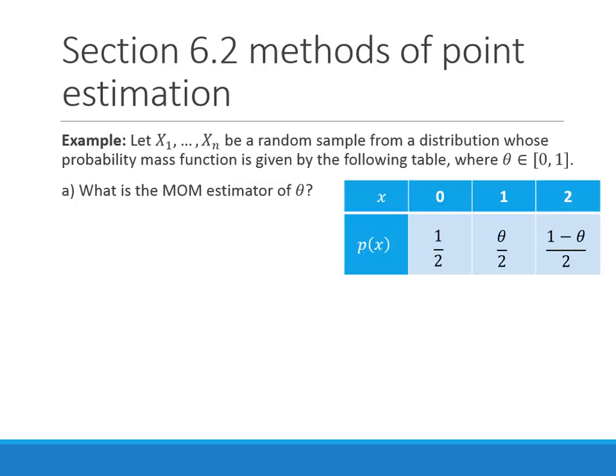So I think we already showed, if you go back to your Wednesday notes, that the first population moment, the expected value of x, was 1 minus theta over 2. But you could do that again real quick if you want to practice that.